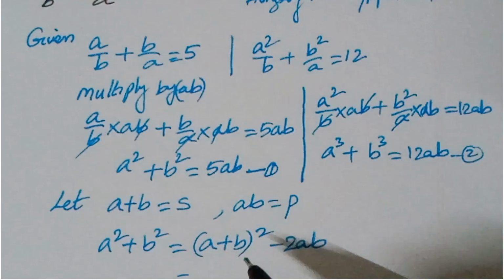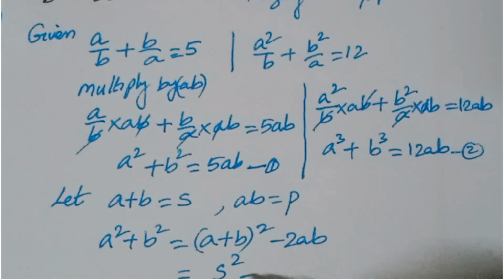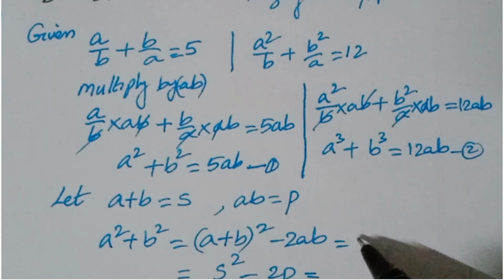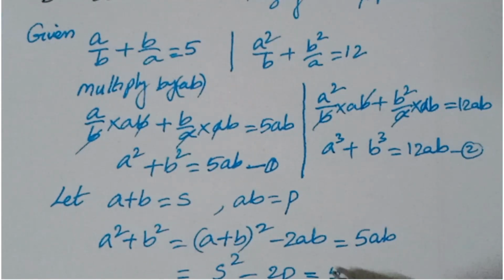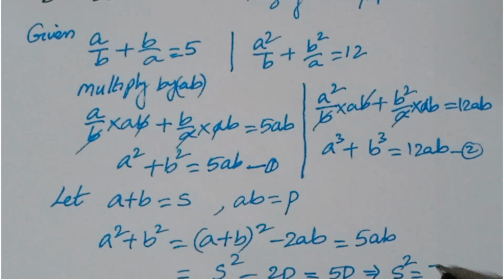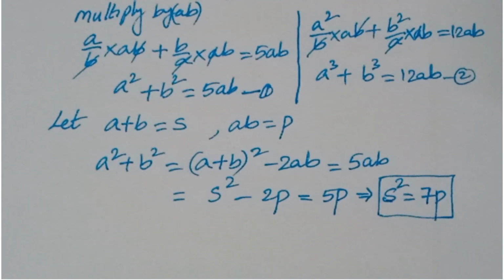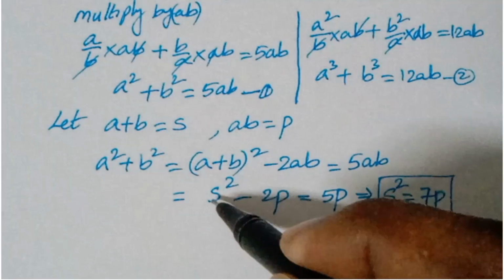So this can be written as s square minus 2p, which is equal to 5ab. So 5ab is nothing but 5p. From this we will get s square is equal to 7p. 5p plus 2p, we are getting 7p.